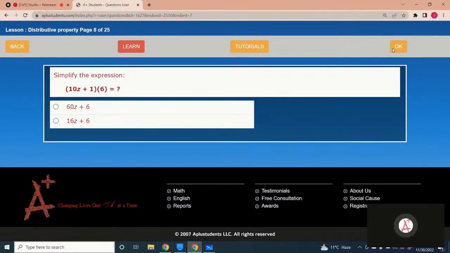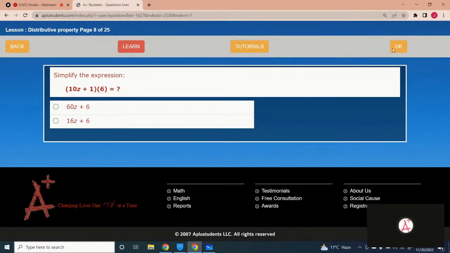Okay, simplify the expression. Which option is the correct one? You have to do the same thing, but here the 6 is written after the numbers that are inside the bracket. That's just the order. The method is the same.